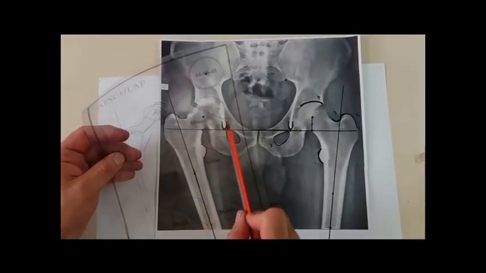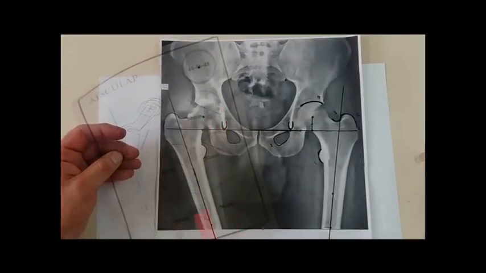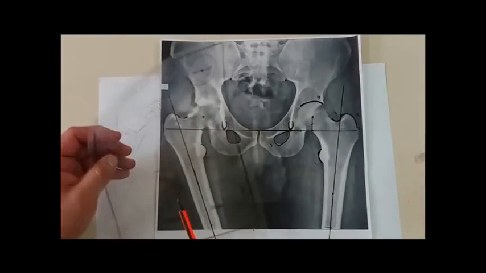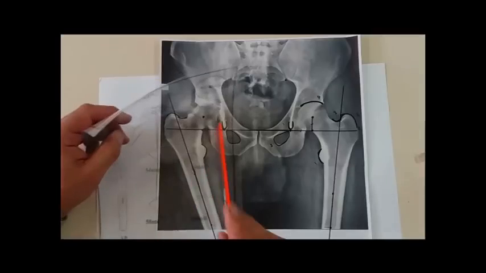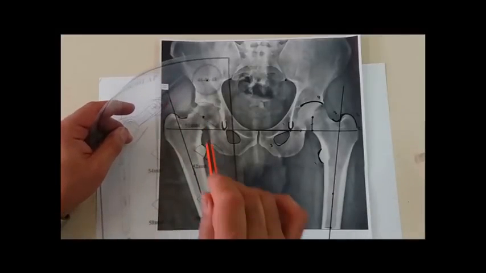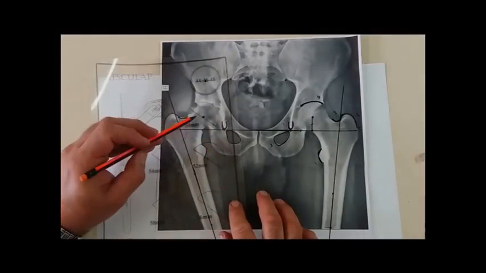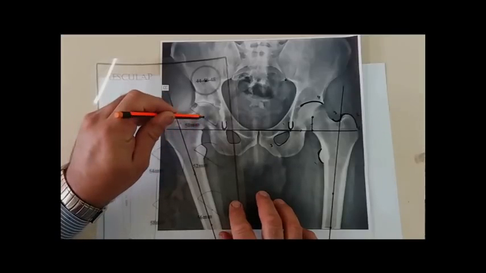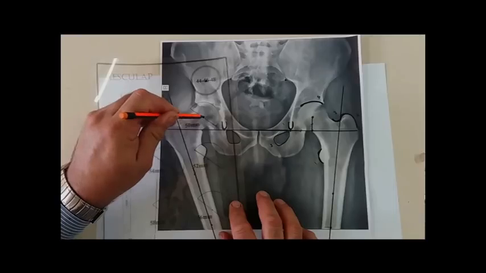It contains half circles with different diameters and the center of each circle. The first step is to fit the center of the template with the center of rotation in the radiograph.